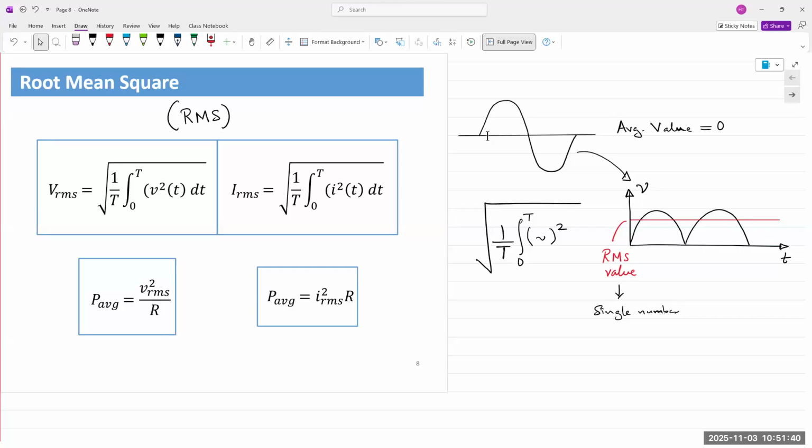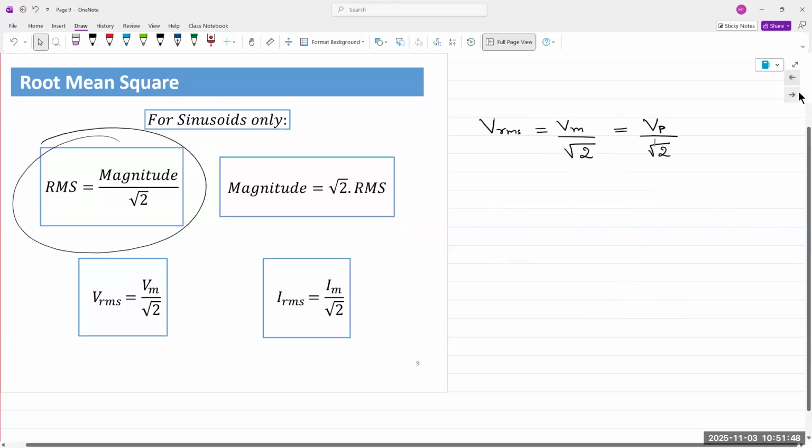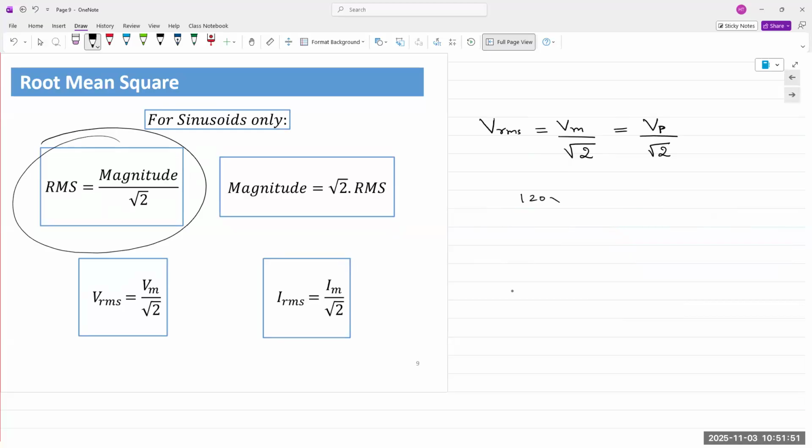So the answer is power outlets. Those values are RMS. If we want the true peak value of our power outlet, you would multiply this by √2. That would give us one peak. This comes out to be approximately 169 volts. And if you want a full swing of our power outlets, meaning the maximum possible value, 169 times 2, so 2 peaks, one positive, one negative, approximately equal to 340 volts.